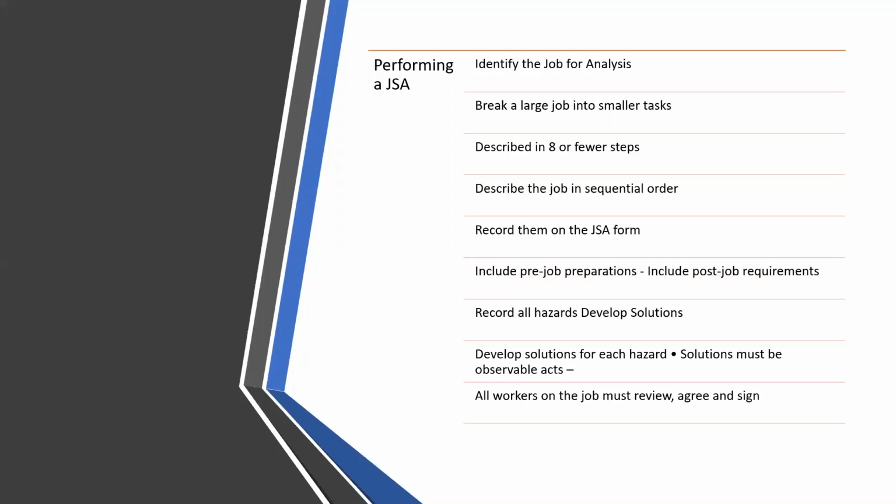And then once we get them documented on the JHA form, we need to make sure that we include post-job requirements and pre-job requirements. What that means is, when they start on the clock, even if it's at your facility loading equipment and hooking up trailers, that's when the JHA process needs to start. That's the first job step.